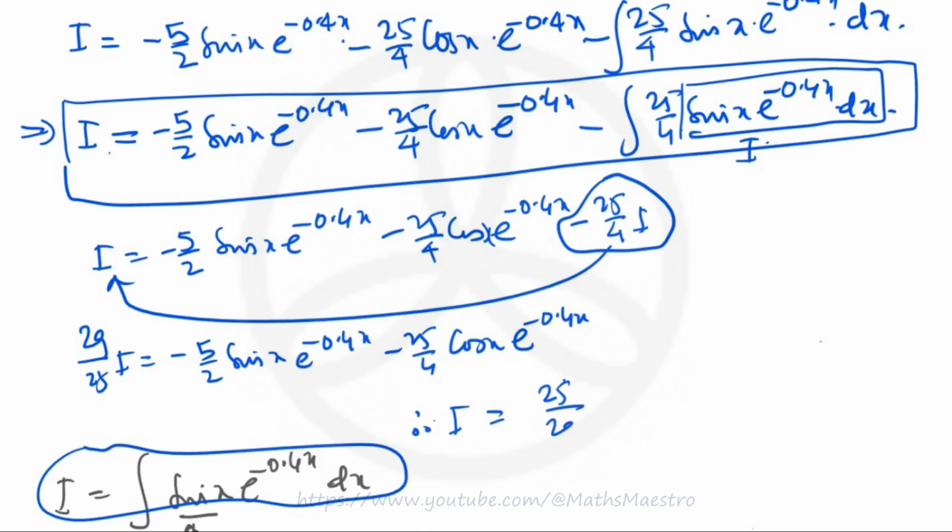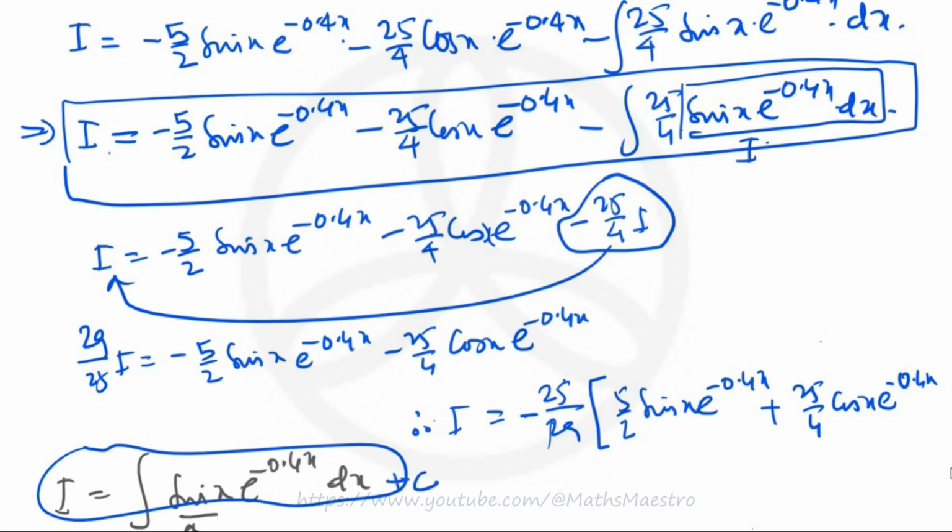So, 25 by 29 is taken outside, then I can write minus, I'll take it out, 5 by 2 sine x e to the power minus 0.4x plus cos x e to the power minus 0.4x. Plus, we actually should have written a plus c here. Here also we can write a constant of integration, plus c.